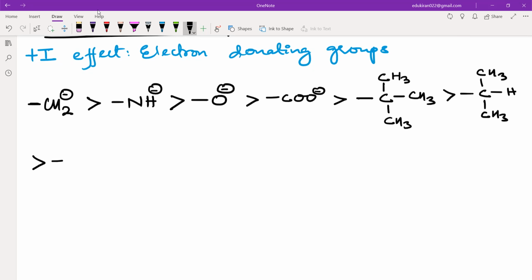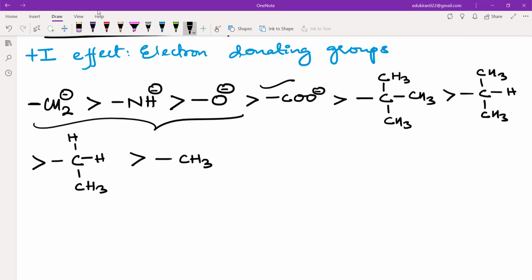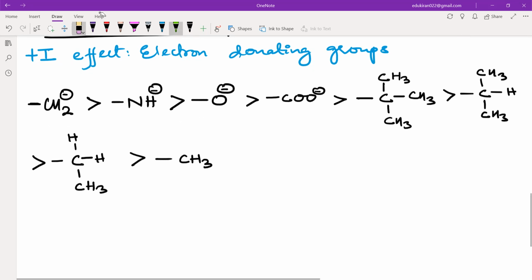Next, you can write a carbon atom which is attached to 1 methyl group, okay? And at last, you can write a methyl group, CH3. So starting with some negative charges, the COO negative, and then we will have a tertiary carbon, secondary carbon, primary carbon, and then there will be methyl group, okay?